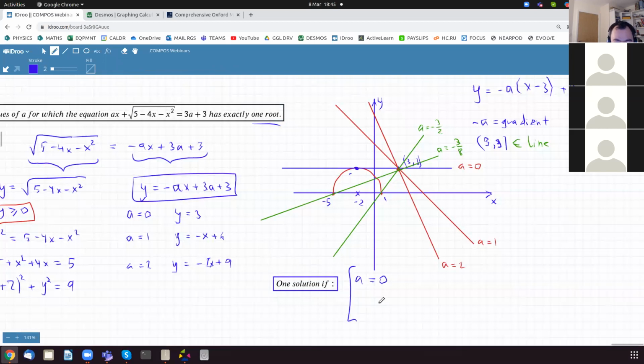And if A is greater than or equal to minus 3 over 2, because that's this case, that's clearly one point of intersection here. And it has to be less than minus 3/8. And yeah, that's it.